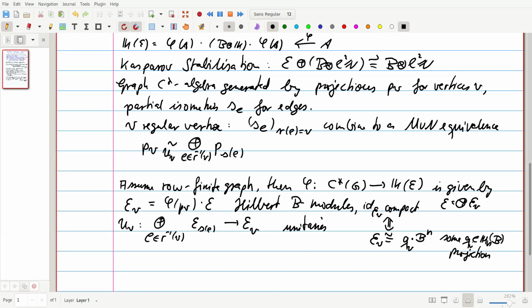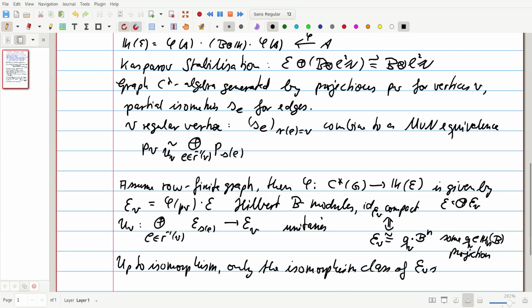Now, the first observation is that up to isomorphism, only the isomorphism class of these E_V really matters. And this isomorphism class of the modules translates to the Murray von Neumann equivalence class of the projections.